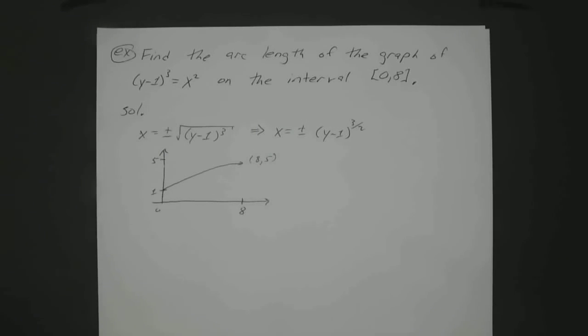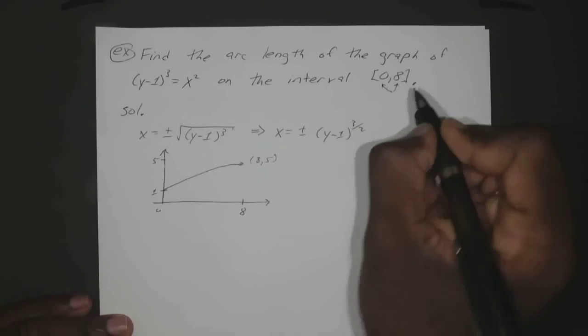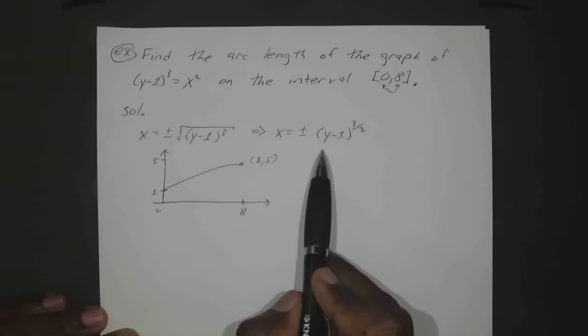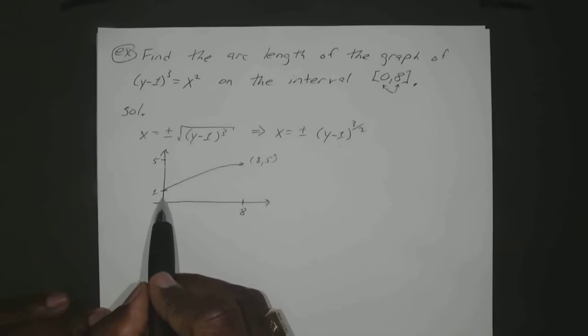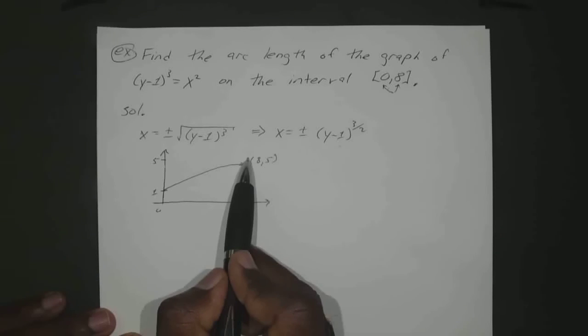Now the reason that's important is because this interval here is the interval from x. So since we're solving for x and we have now a function of y, we have to find the interval on y. So that's why when we plugged it in, when x equals 0, y is equal to 1. When x is equal to 8, y is equal to 5.